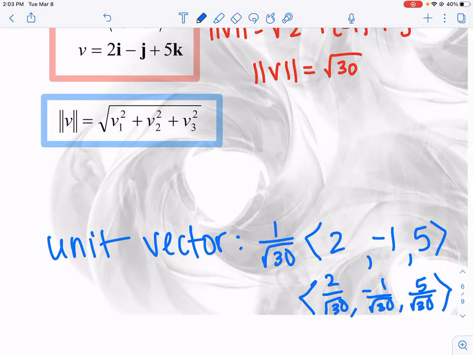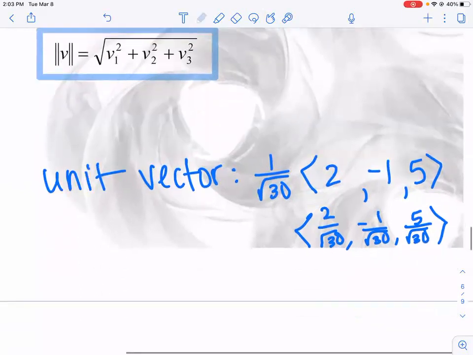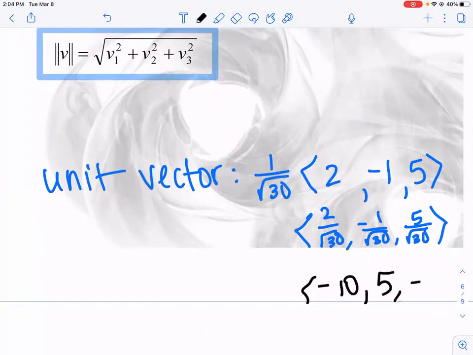Like the vector <2, -1, 5> is parallel to the vector <2 divided by radical 30, -1 divided by radical 30, 5 divided by radical 30>, which is also parallel to the vector <-10, 5, -25>. They are all blank of each other.